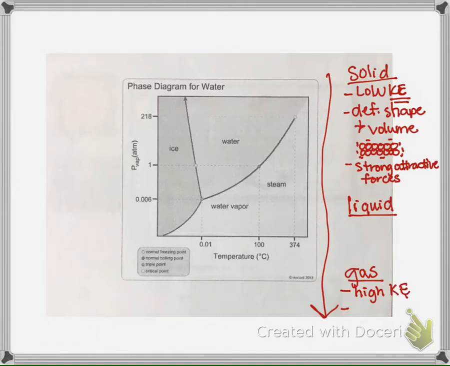There is no definite shape or volume. You can just really kind of capture it in a space, but there is no definite shape or volume. And this is due to weak forces of attraction between the particles.